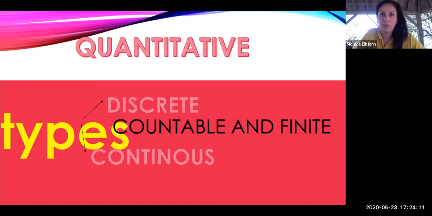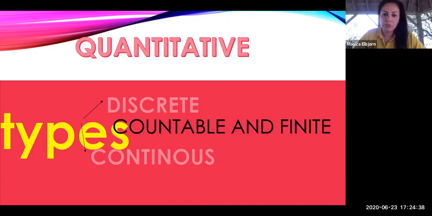Or 4.3 eggs? No, it's usually a whole number. The chicken lays 1 egg, or 2 eggs, or 3 or 4. You can count them, and they're finite. Another easy example is a die. It has 6 faces. Can it have 7 faces? 8 faces? No, it can only have 6 faces.